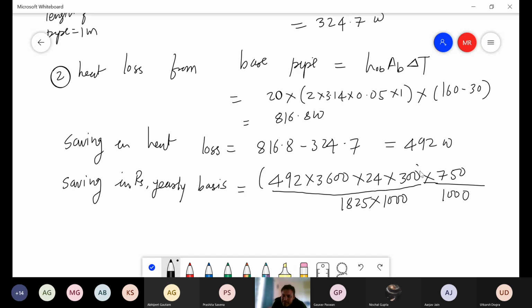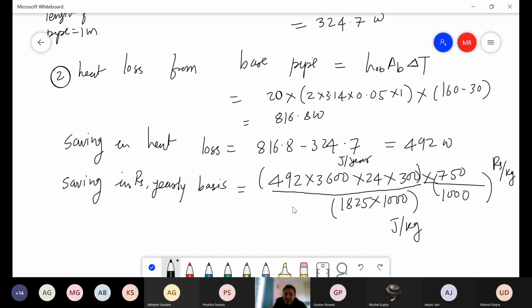The energy saved has a unit of joule per year, the cost has a unit of rupees per kg, and this bracket has a unit of joule per kg.